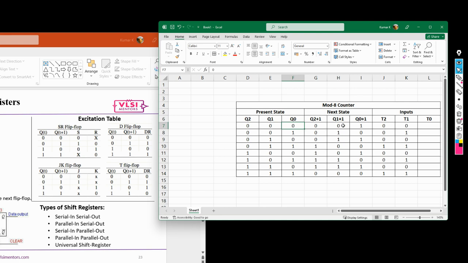These two things, 0 1 1 0. So everything is switching. So what is it you need to do here? You need to just fill 1 1 1.